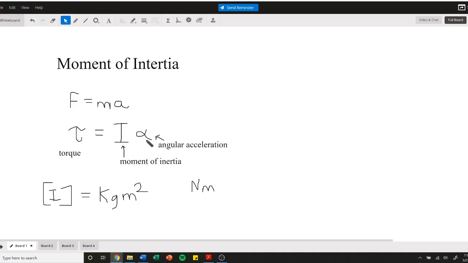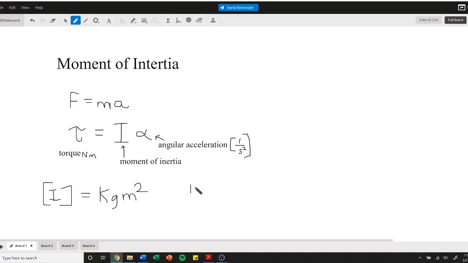The units on angular acceleration are 1 over second squared. Remember, angulars are in radians, which aren't a unit. So torque is Newton meters, angular acceleration is 1 over seconds squared. We know newtons are kilograms meters per second squared.